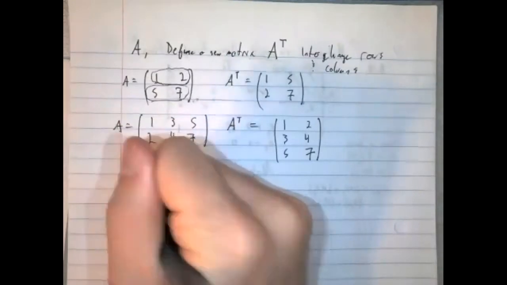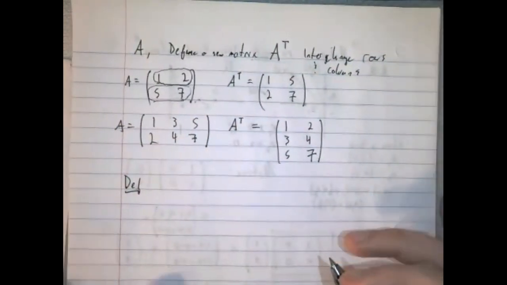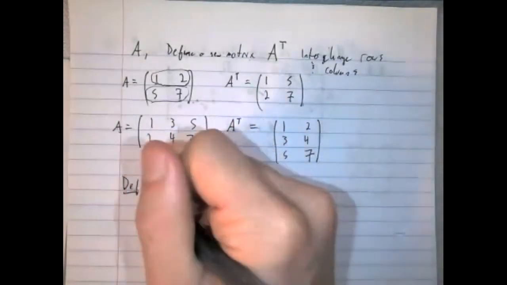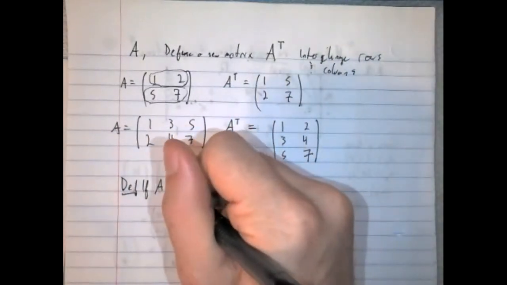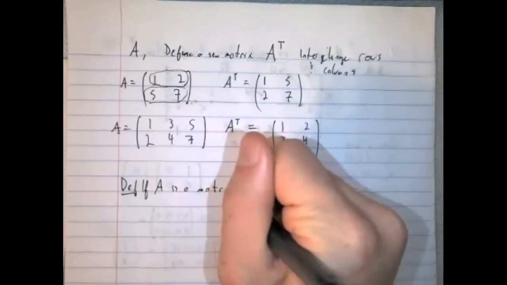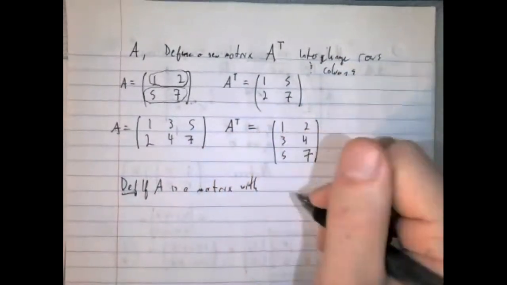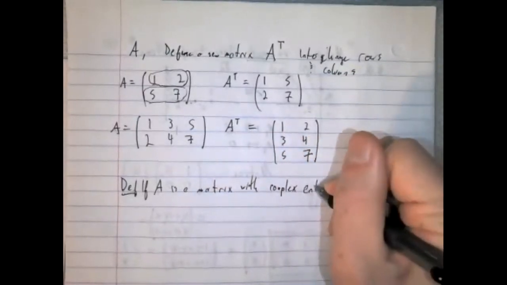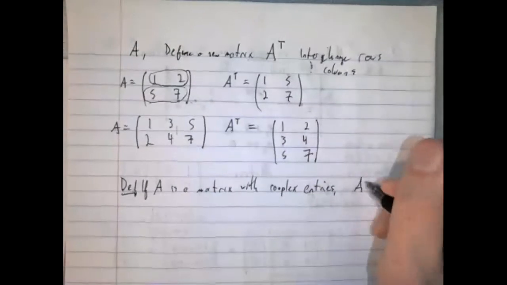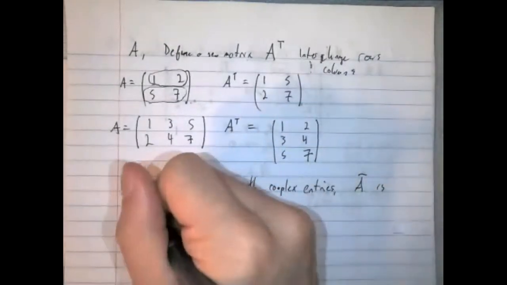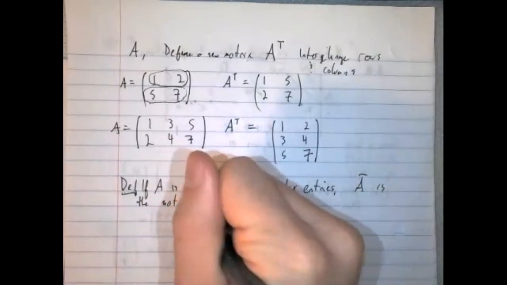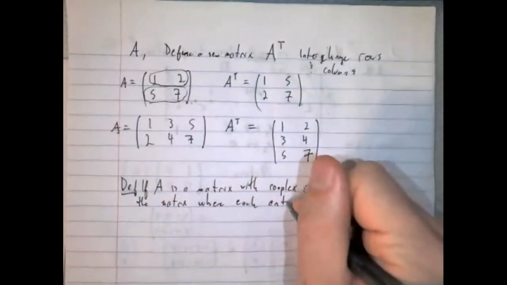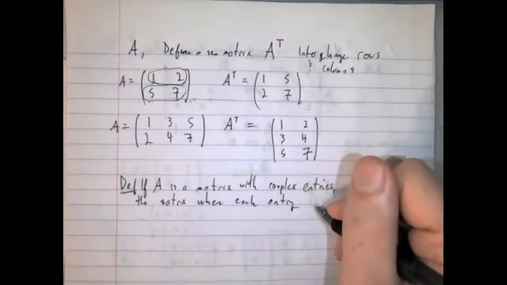Another definition is that we can conjugate all the elements in A. So if A is a matrix with complex number entries, then A bar is the matrix where each entry has been complex conjugated.